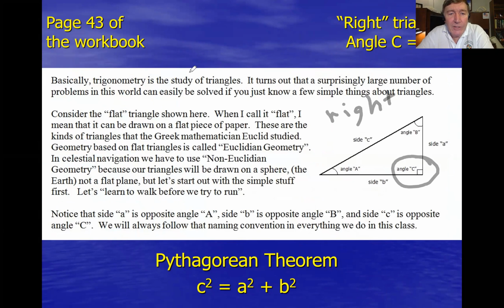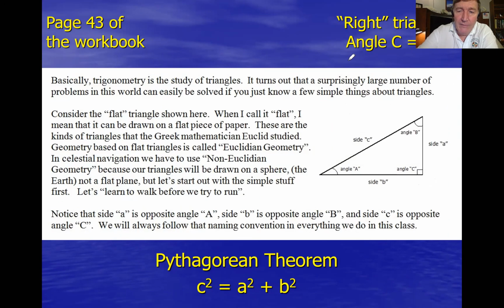And right triangles are really nice. They follow certain rules. And one of those rules is that if you know how long any two sides of this triangle are, you can use this equation right here to calculate what the third one is.